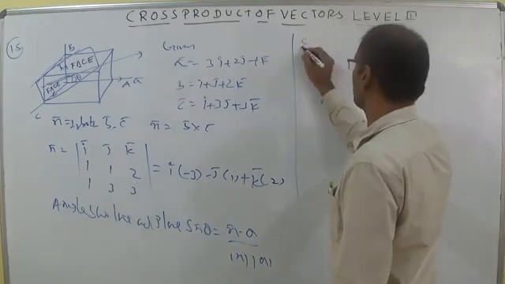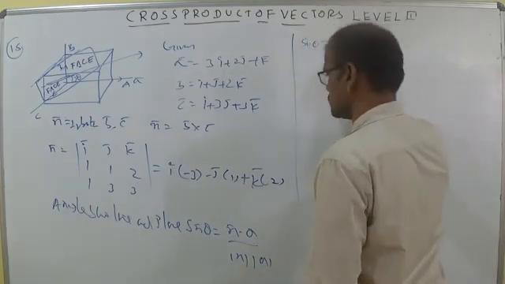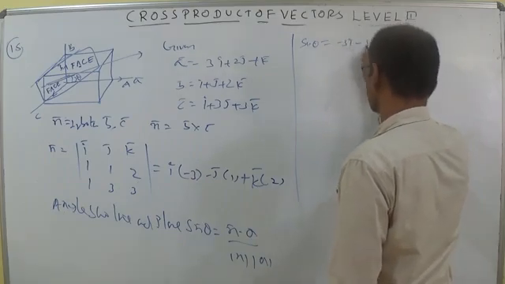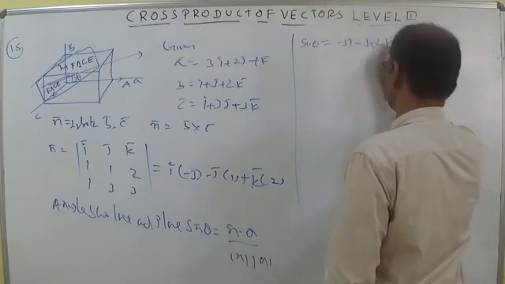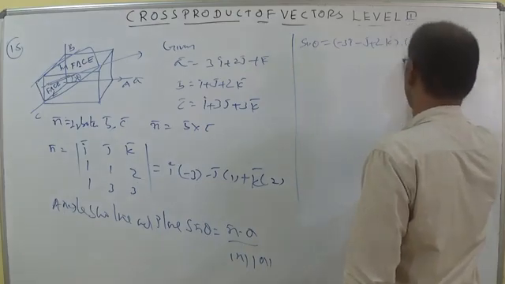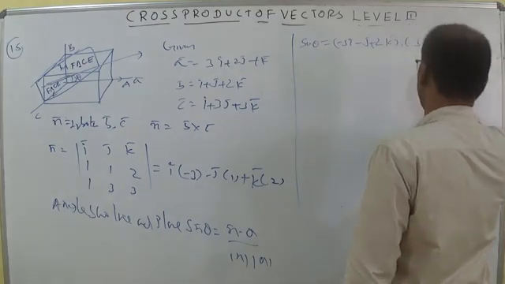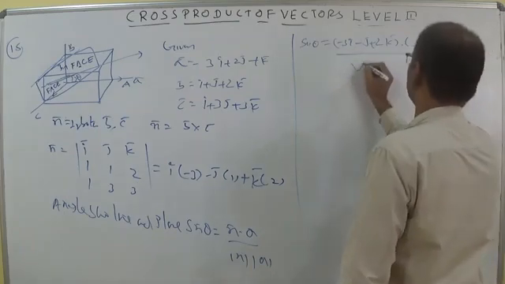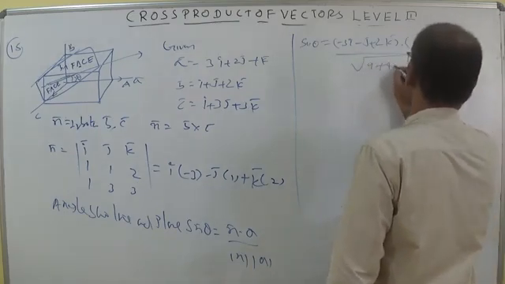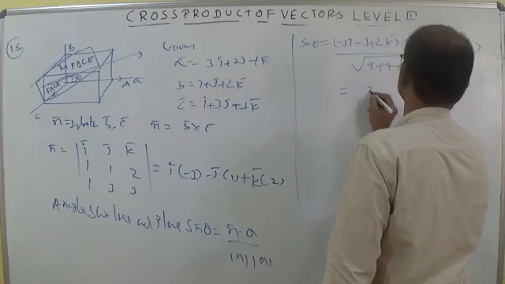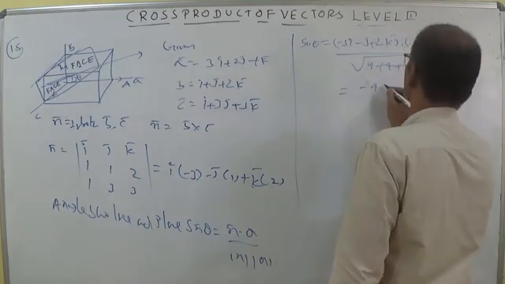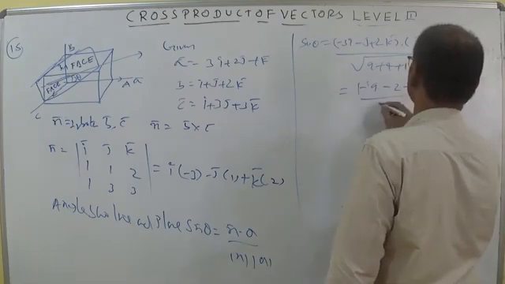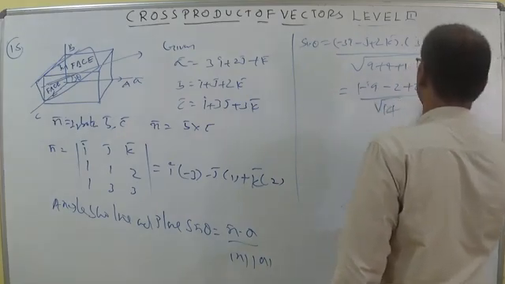That implies sin theta is equal to, now we can write the n bar value, minus 3i minus j plus 2k, dot the a bar given as 3i plus 2j plus k, whole by the magnitude, root of 9 plus 4 plus 1. This is minus 9 minus 2 plus 2 over modulus, whole by root 14.